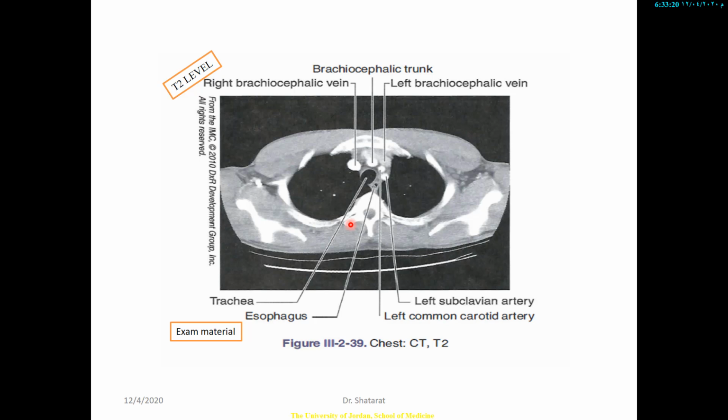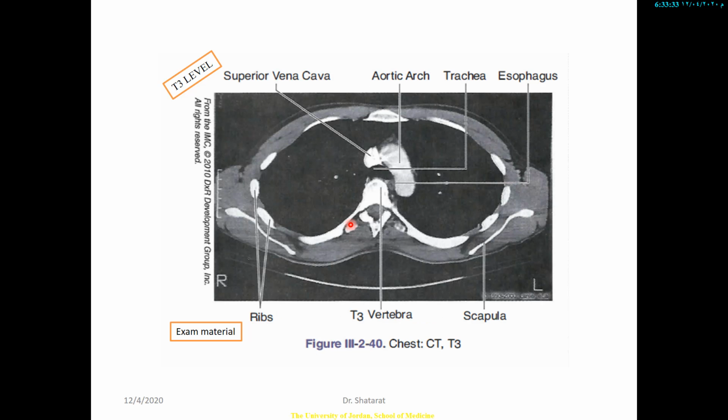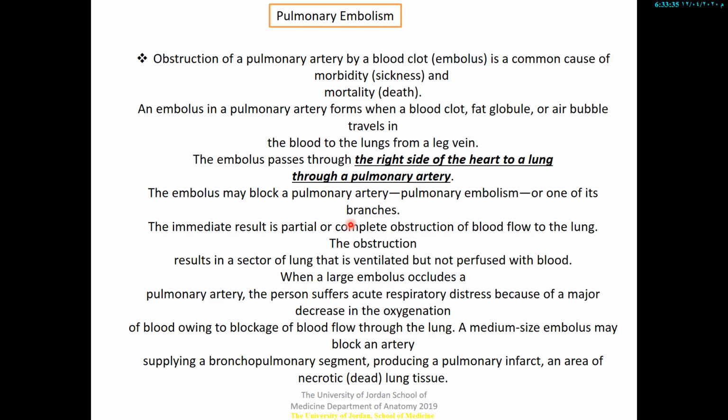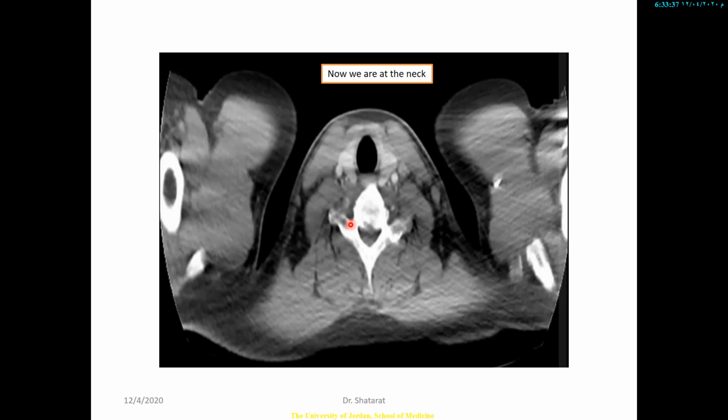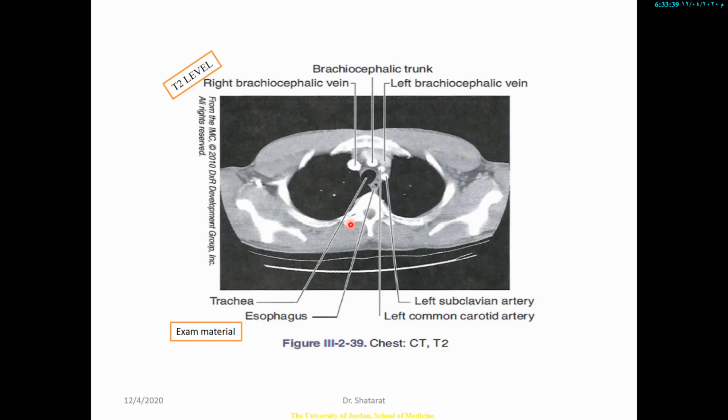Again, for your orientation, these are repetition for the slides that I talked about. Again, you can see from T2, T3, T4, and etc. Now, here we don't do it from superior to inferior.